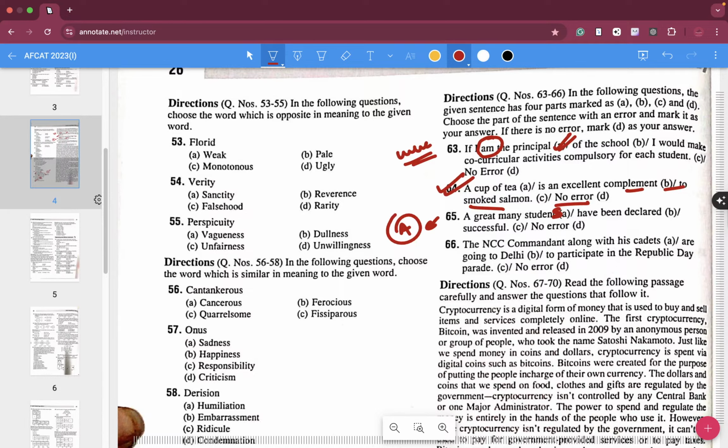The whole thing, the NCC commandant along with his cadets, is treated as singular, and over here we use the word is. The correct usage is is, so that is why B is the wrong answer for this particular question, folks. B is the place where you have the error.